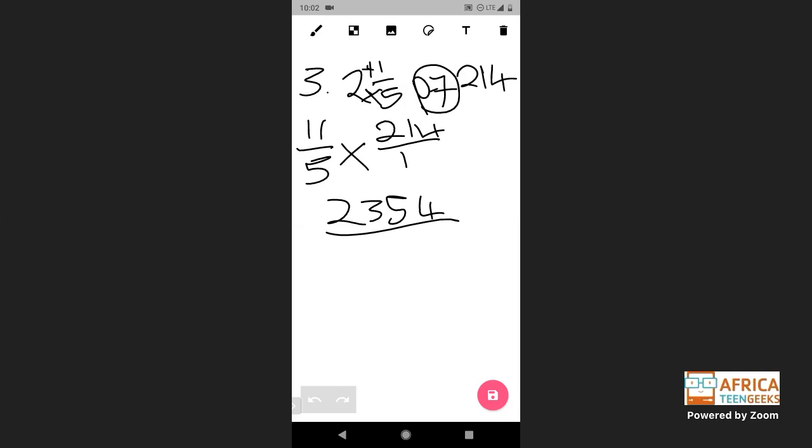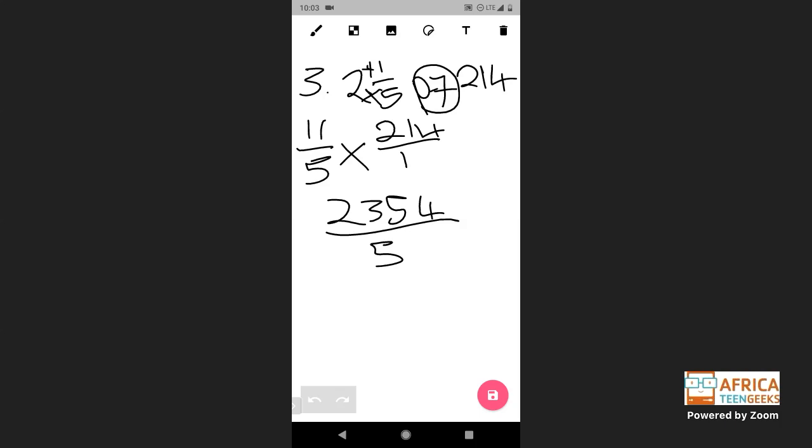So 5 multiplied by 1 equals 5. And then we need to simplify this fraction because it's our improper fraction. We need to simplify it to make it our mixed fraction, and our mixed fraction is a combination of whole numbers, natural numbers, and our proper fraction, right?